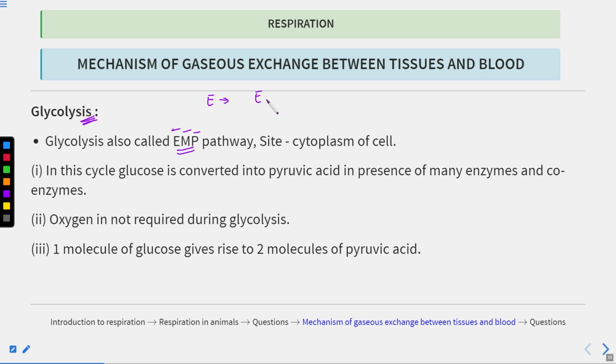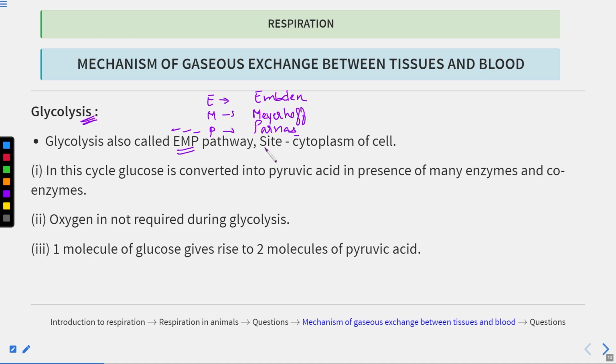So E stands for Emden, M stands for Meyerhoff, and P stands for Parnas. These were the three scientists who discovered the biochemical steps involved in glycolysis. That's why glycolysis is also known as the EMP pathway.